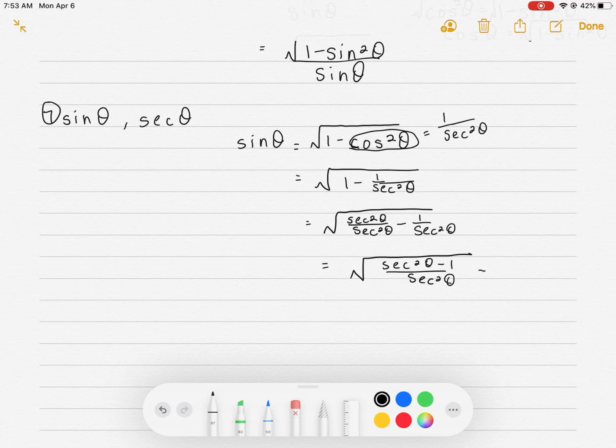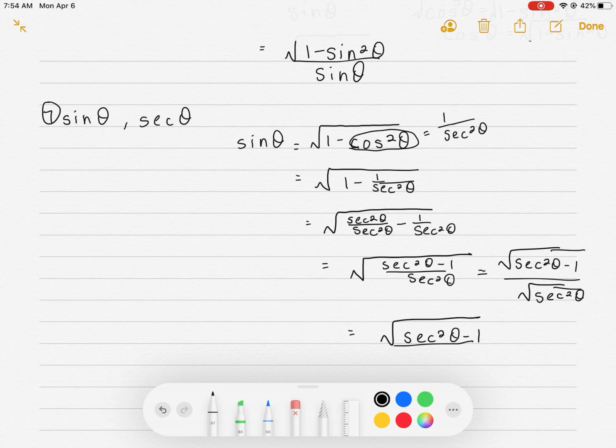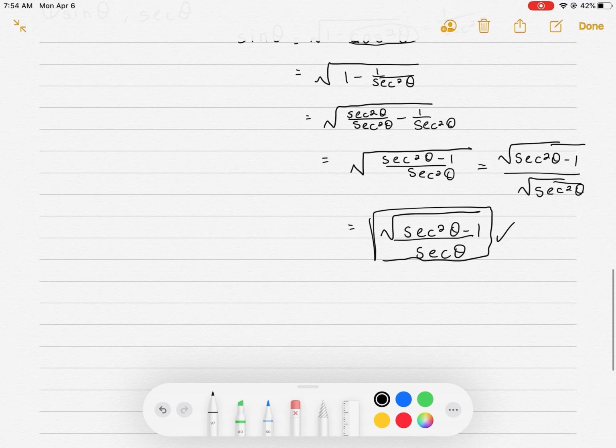Now, you could from there take the square root of the denominator, or separate it out, so the square root of secant squared of theta minus 1, which you can't take the square root of, over the square root of secant squared of theta is going to be equal to the square root of secant squared of theta minus 1, over secant of theta. And there you go. That's the most difficult one. Whenever doing your homework, I would reference this to make sure that you don't have any issues.